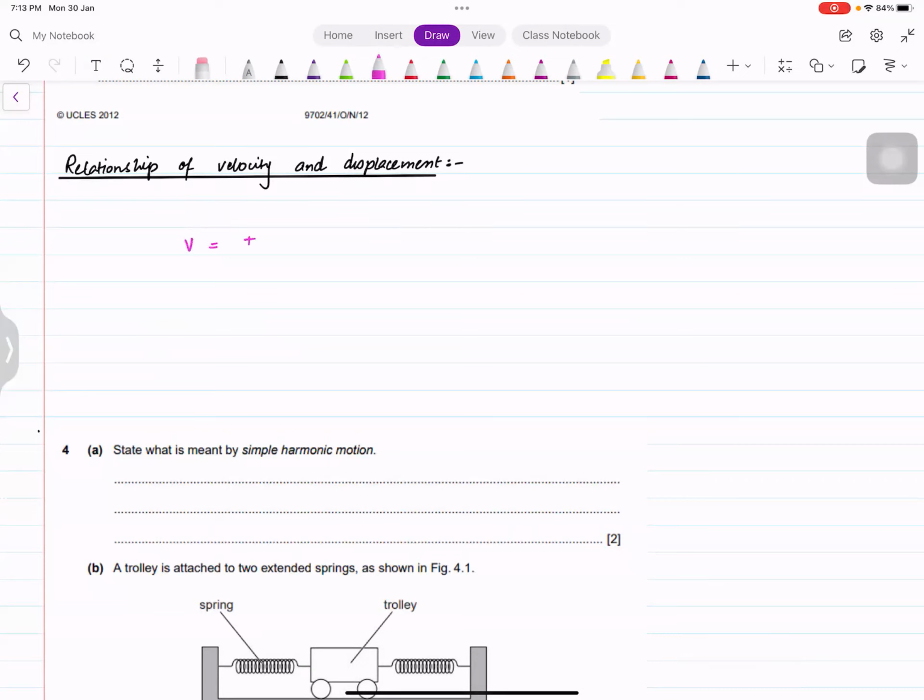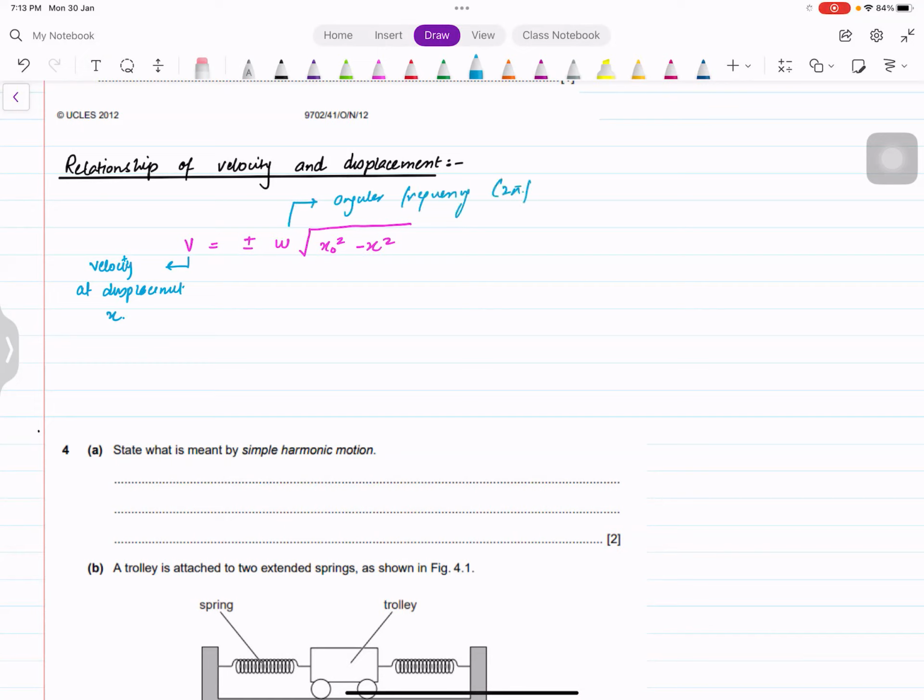Okay, good. So the equation is that velocity at any instant is given by plus minus omega under root of x naught squared minus x squared. So this is the velocity at displacement x. This obviously is the angular frequency.